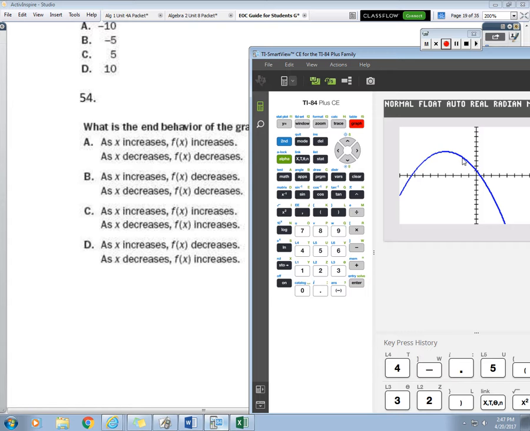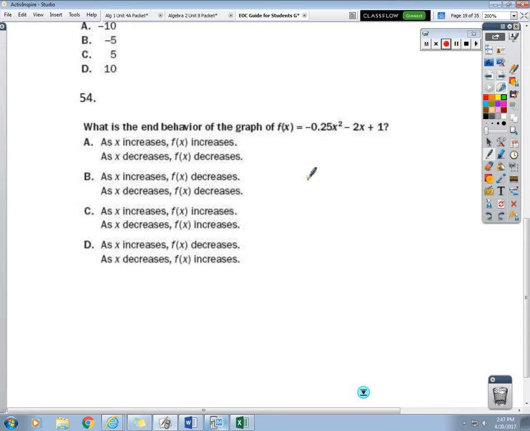As you go right, you end up going down. As you go left, you go down. No matter which way you go, right or left, you go down. So aren't we looking for a statement? You might want to jot that down. Right down and left down. So don't we have to know that both of the ends have to say decreases, and that's the only one that does, B?